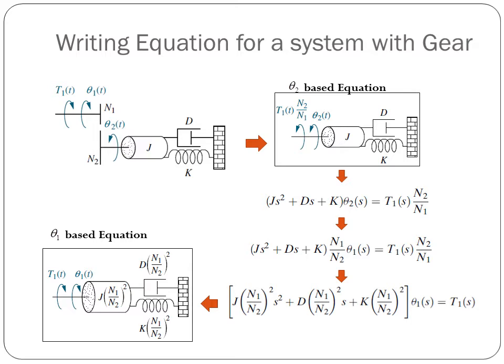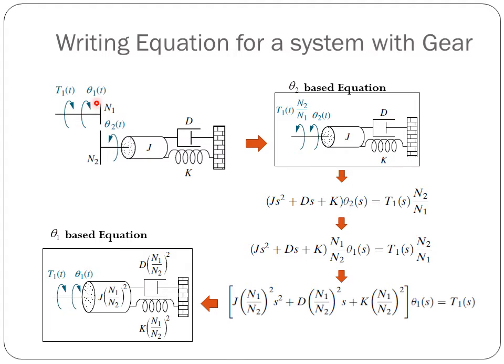Now let's summarize it. We can write the equation based on either theta 2 or theta 1. If we write the equation in theta 2, we just write all this according to our previous lecture.